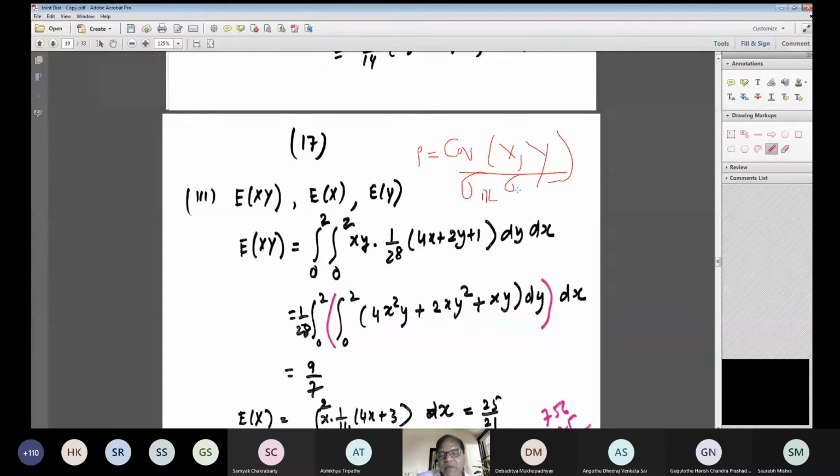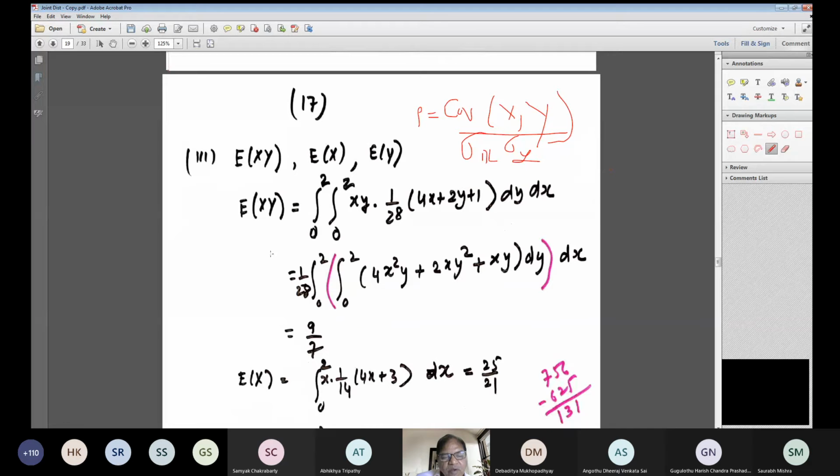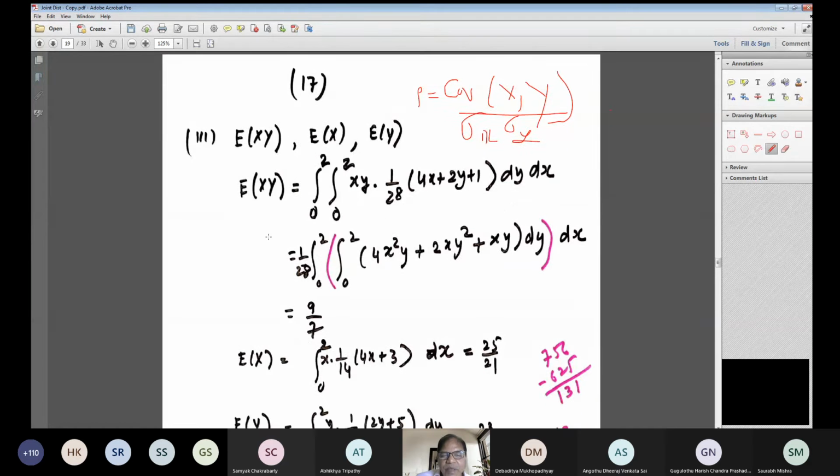To find the covariance of xy, we need to compute E of xy, E of x and E of y separately. The expected value of xy is obtained as I told you in the beginning: you write xy times the joint density function, and then dy dx.